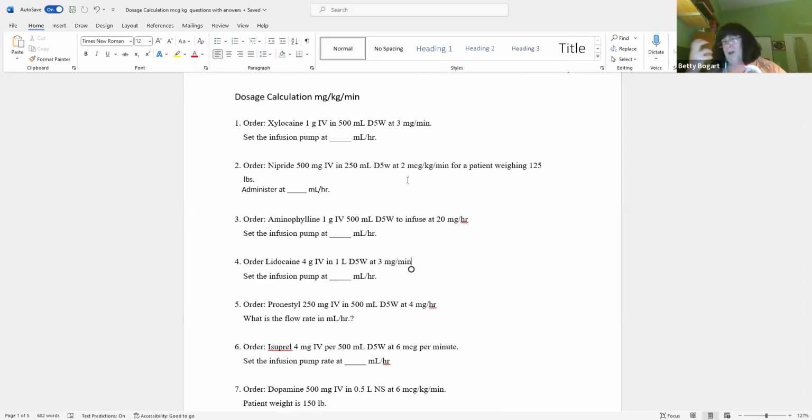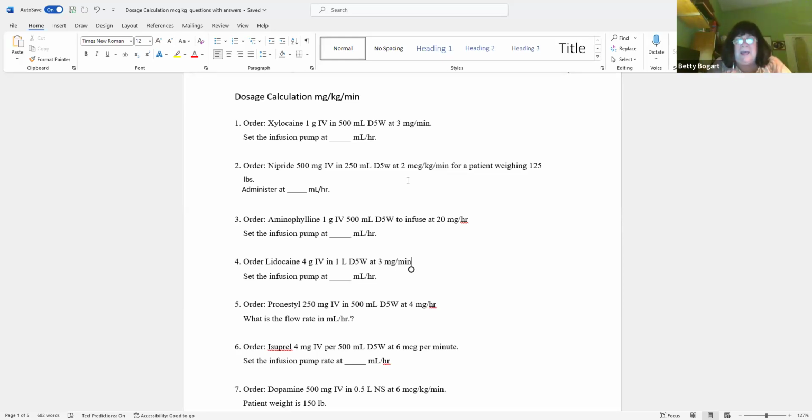These are usually critical care type things, like lidocaine, which helps with cardiac arrhythmias, or nipride, which brings the blood pressure down, or aminophylline, helping you breathe. It's a slow, continuous drip of medication to do whatever purpose it is. There's usually a main IV with it. Now, how do we figure these things out?